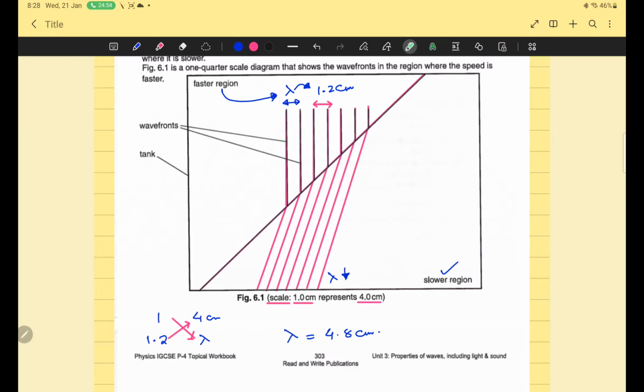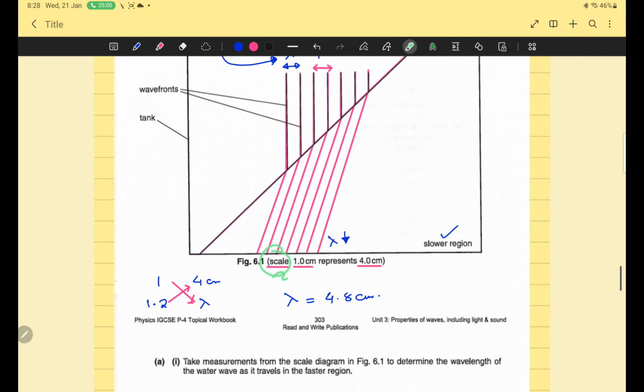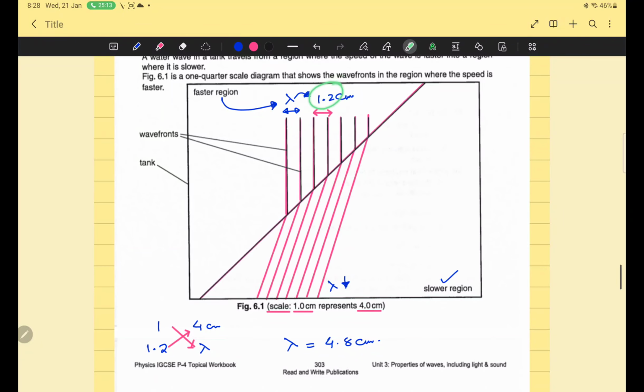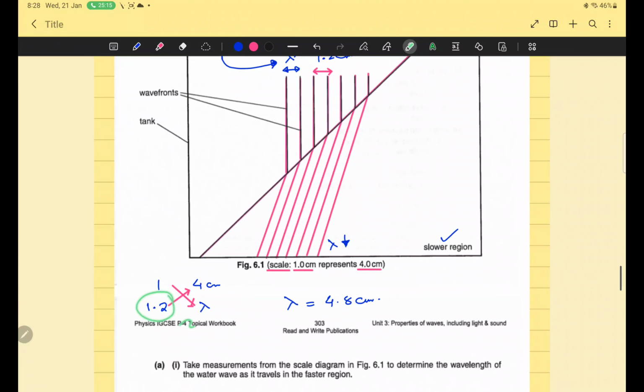But I have done this measurement, and it is actually 1.2 centimeter. This is the scale diagram, and you are given this condition on the diagram: 1 centimeter represents 4 centimeter. So my measured value, which is 1.2 centimeter, will actually be 4.8 centimeter.